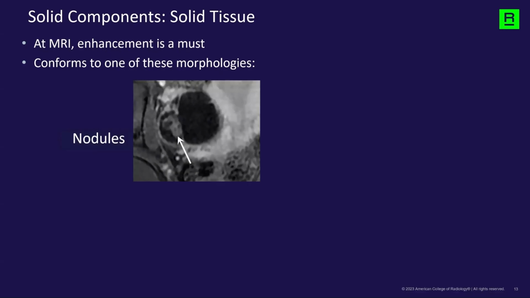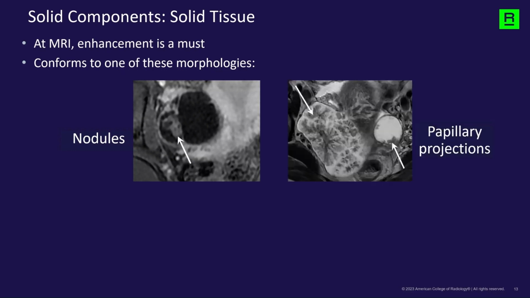A nodule is defined as enhancing solid tissue with a nodular appearance, measuring at least 3 millimeters and arising from the wall or septation. In this post-contrast example, the white arrow points to an enhancing nodule within a multilocular cyst. The definition of a papillary projection is enhancing solid tissue arising from the inner or outer wall or a septation with a branching architecture.